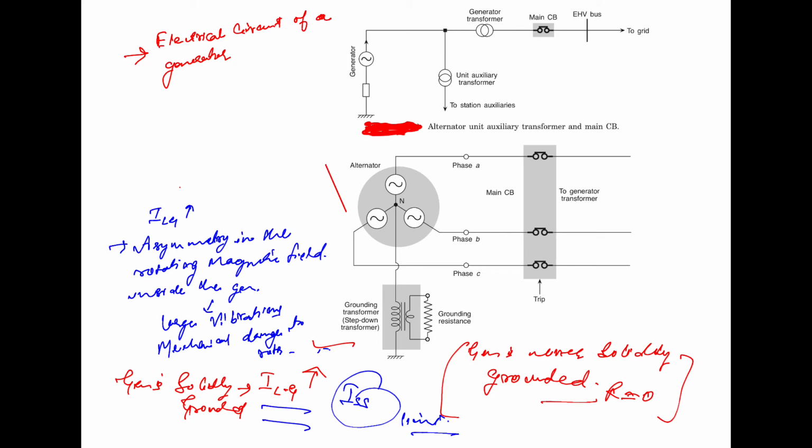Now, the power plant has a sizable auxiliary electrical load of its own, and this is of the order of 10% of the generator power rating.